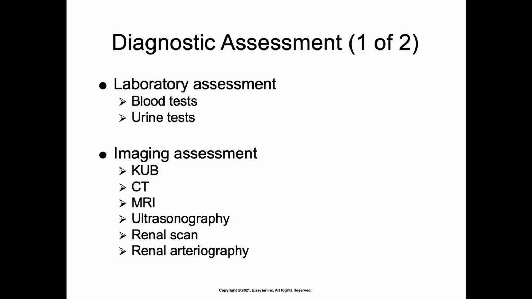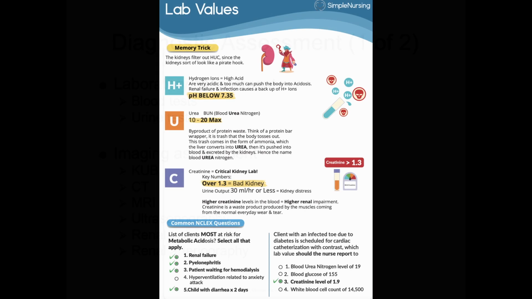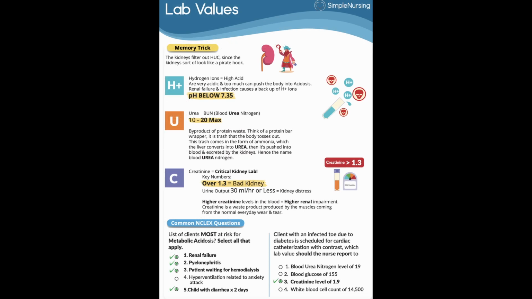All right, lab assessment. Blood tests are found on 1313, and urine tests on 1314. When we look at the blood test, you're going to look at the creatinine, which is produced when the muscles and other proteins are broken down. The BUN measures the excretion of waste from the kidneys.